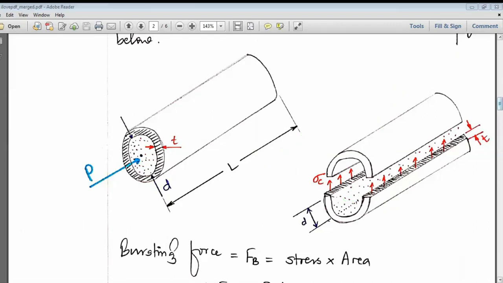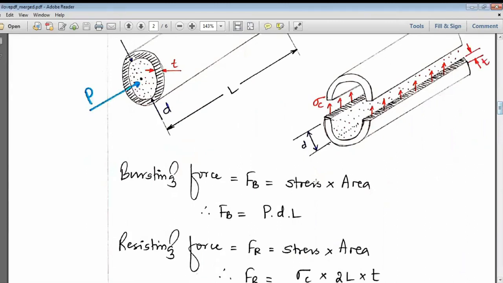That is why I call it FB, the bursting force.